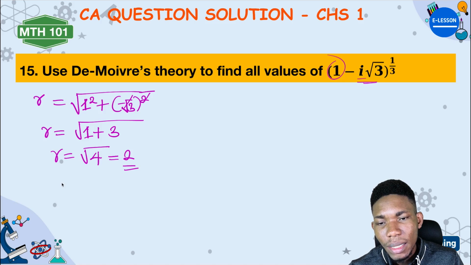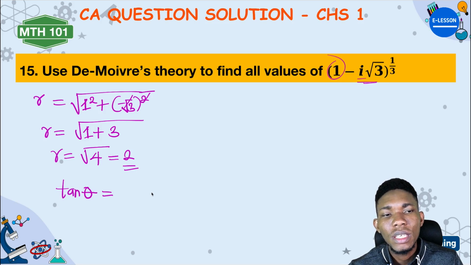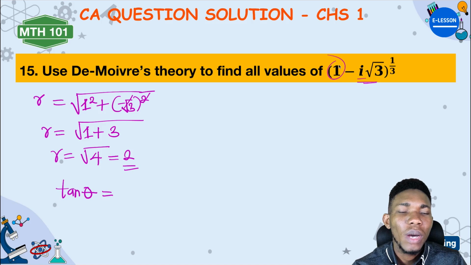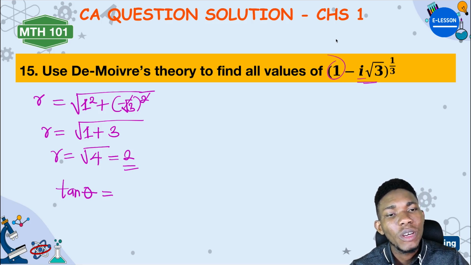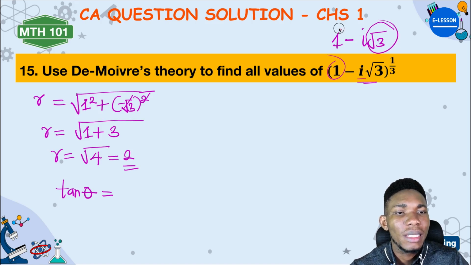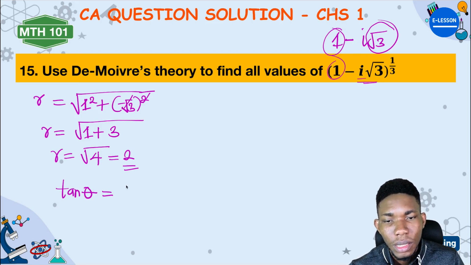How do we get our theta? Now, tan theta is always equal to what you have at the imaginary part divided by what you have at the real part. If you have a complex number like this, I taught this in class recently, this part is the imaginary part, this part is the real part. Forget about the negative sign for now. So that will give us what, my dear student? Root 3 divided by 1.